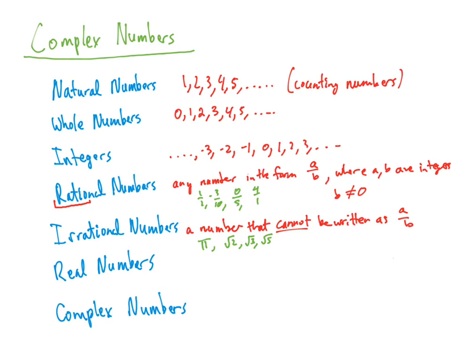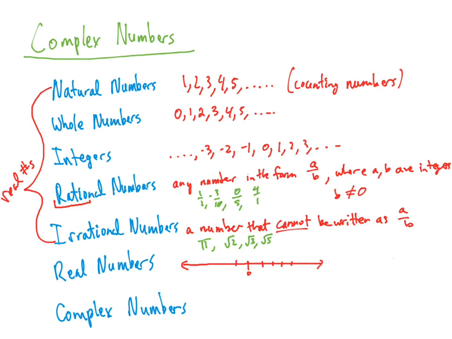Next we have a real number. All of these make up the different categories of real numbers. This isn't a very precise definition, but a real number is any number that can be found on the number line. So going through, the natural numbers are going to be on the number line, 1, 2, 3, 4, etc. Whole numbers, we have 0.